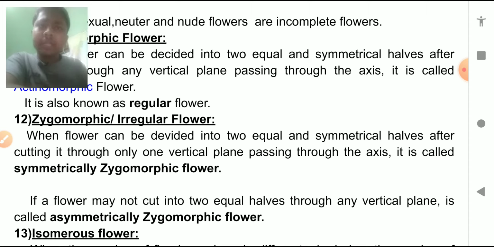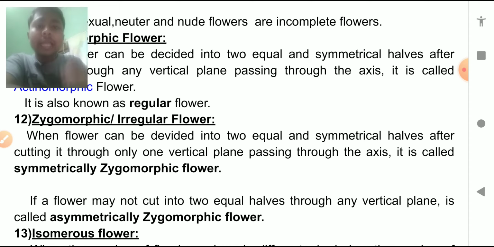And the example is pea, Pisum sativum. If you think about the flower of Pisum sativum, there is a single plane where the flower can be divided into two equal halves. Otherwise, if you cut it through any other vertical plane, it cannot be cut into two equal halves.